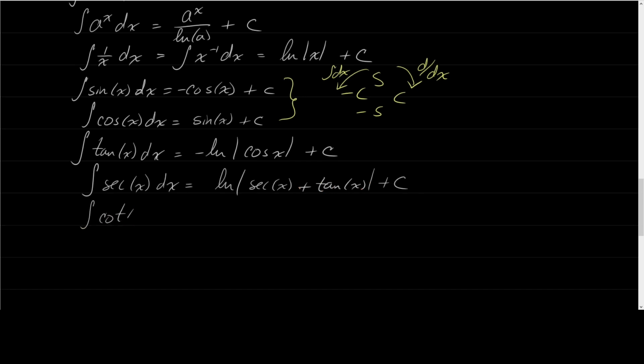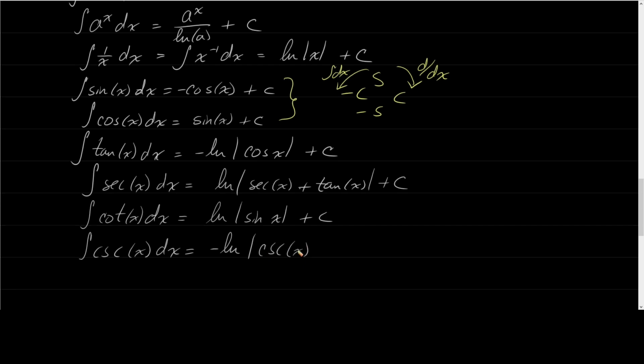The integral of cotangent of x is ln of the absolute value of sine of x plus c. The integral of cosecant of x is negative ln of the absolute value of cosecant of x plus cotangent of x plus c.